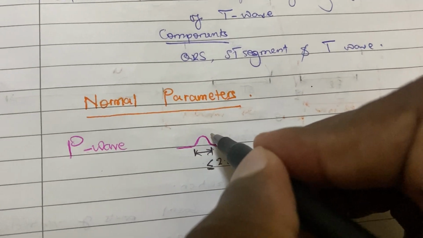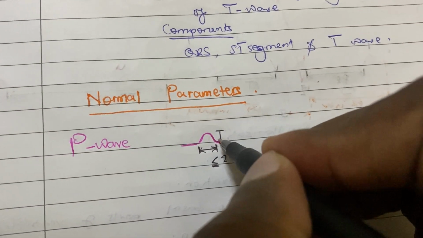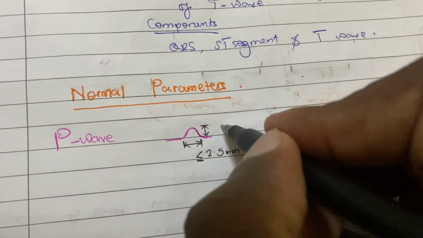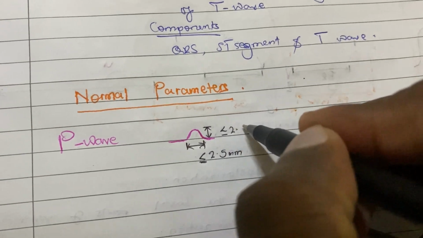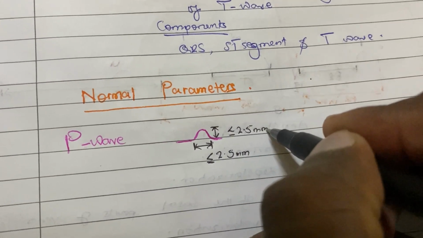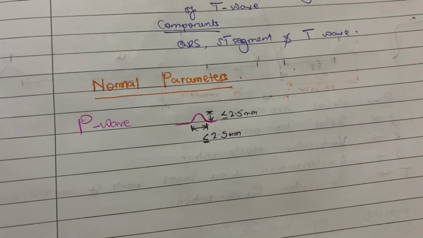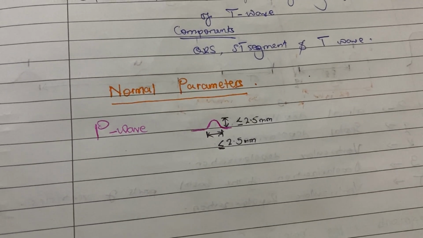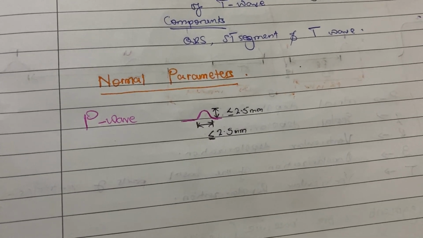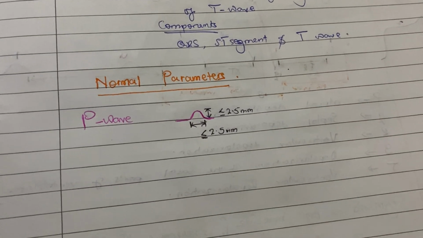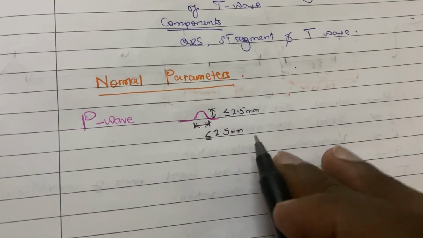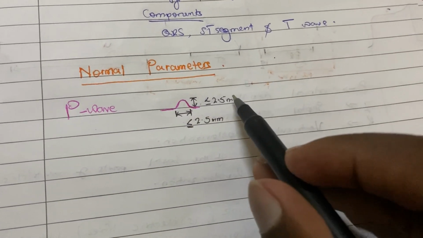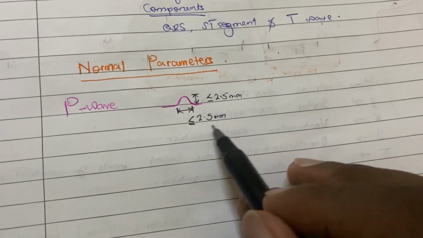And then if you go amplitude, it will also be the same, 2.5 millimeters. On the ECG paper, these are calibrated. Horizontally we have time, and vertically we have voltage. So when we look at the ECG itself, we shall convert this into voltage and then time.